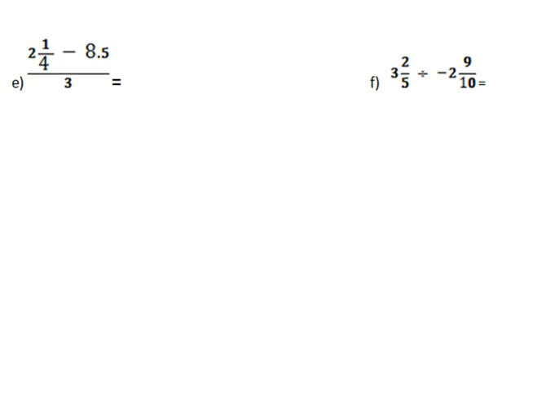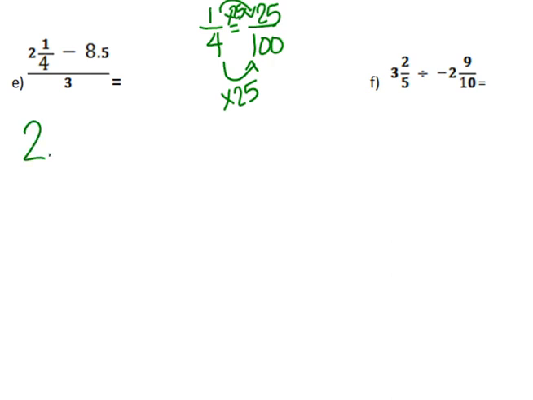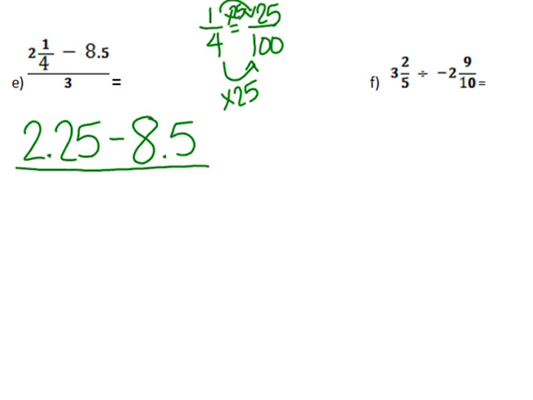I know that 1/4 is equal to 25 100ths, and I could show that by multiplying 1 out of 4 times 25 over 25 to get 25 hundredths. So that means I can rewrite the problem as 2 and 25 hundredths as a decimal minus 8 and 5/10, all over 3, or all divided by 3.